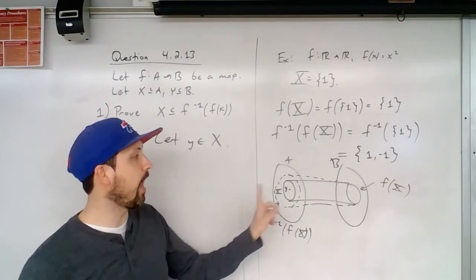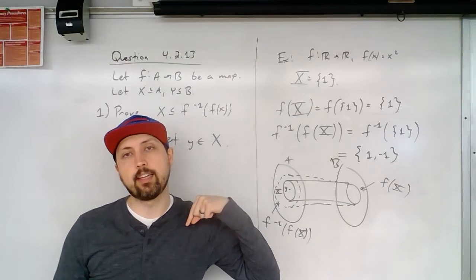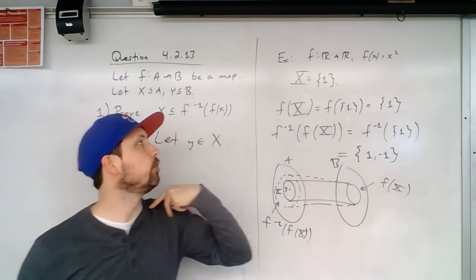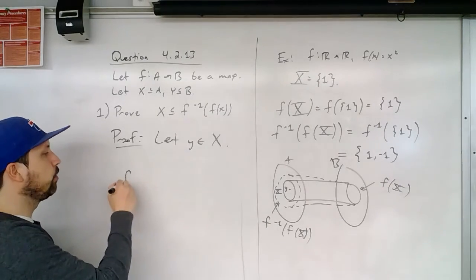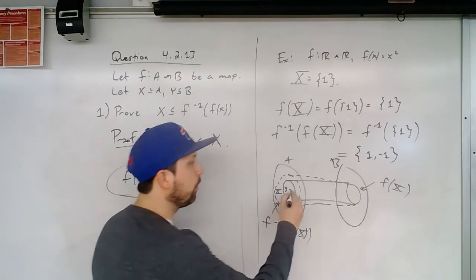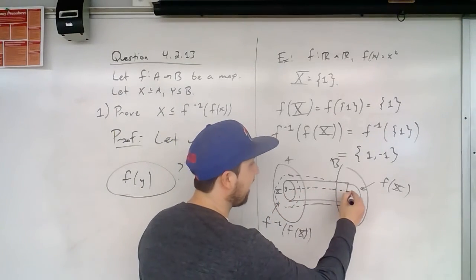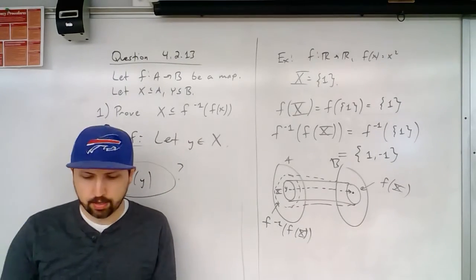Y is going to be like, okay, what happens if we then apply the function to it, and then we look back at the inverse image of that. So that's the idea behind this, is you want to figure out what happens with f of y. What about this guy? Because we know that this must be assigned somebody over here in our codomain.